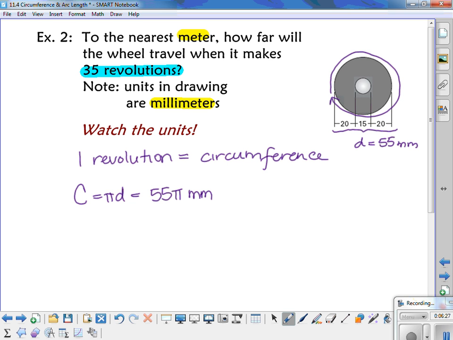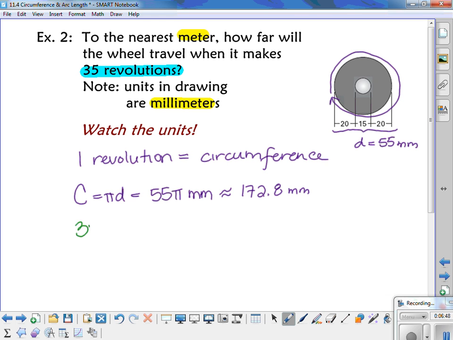And so if you put that into your calculator, 55 times pi, you get 172.8 millimeters. But now we said we want to find how far it goes in 35 revolutions.